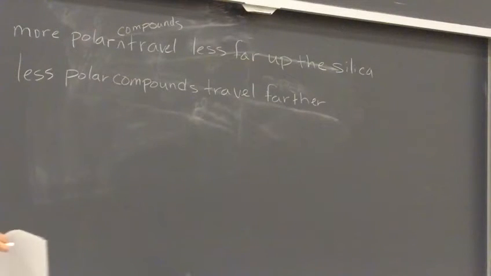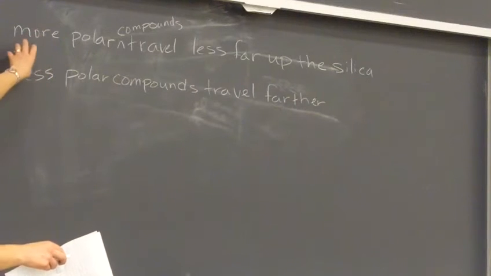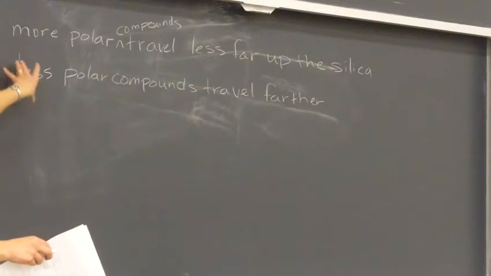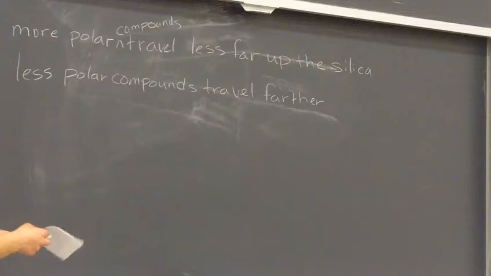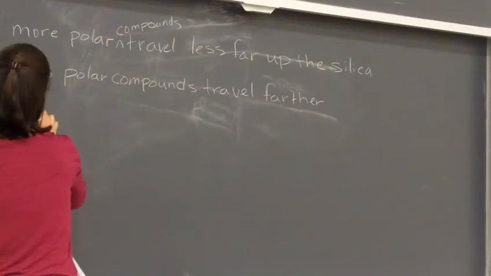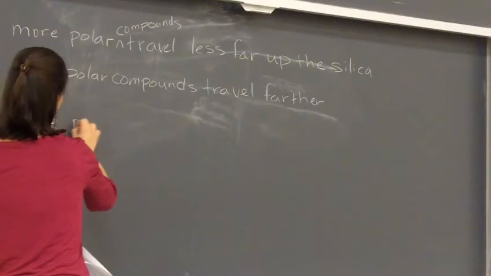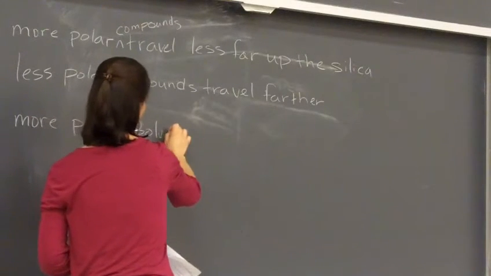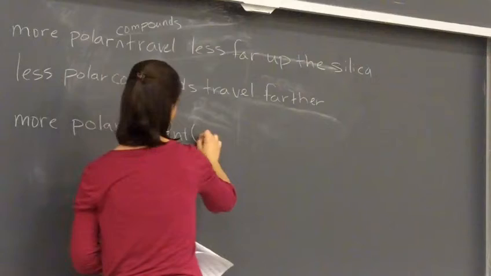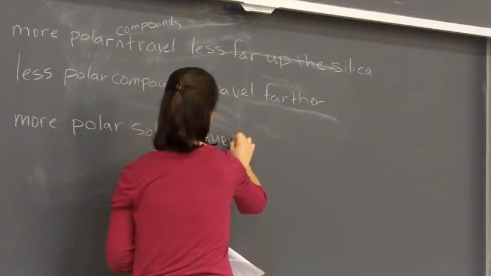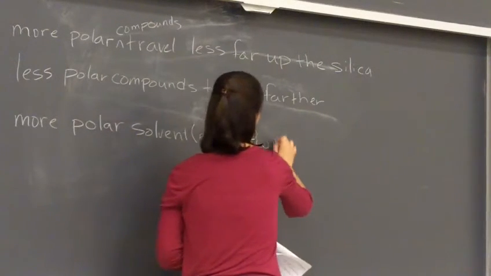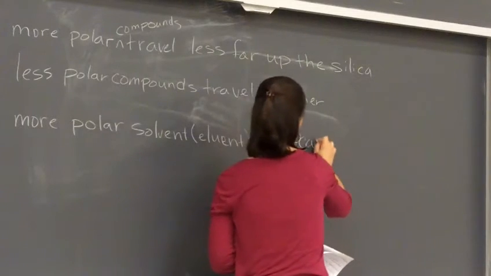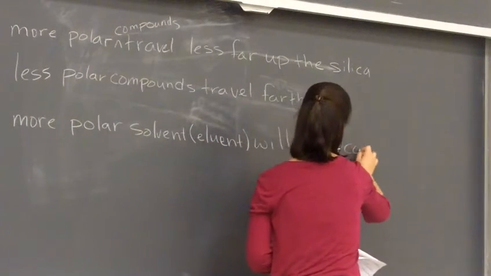So we can manipulate this situation to help get better separation if we need to. So a more polar solvent, not compound, but solvent or your eluent, will cause the compounds to travel farther.